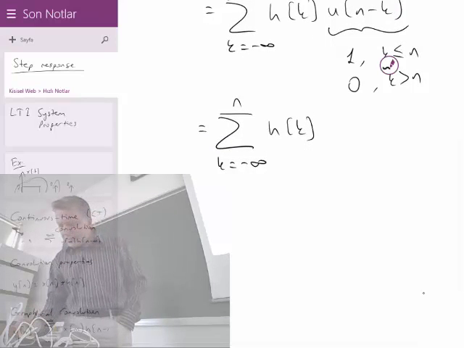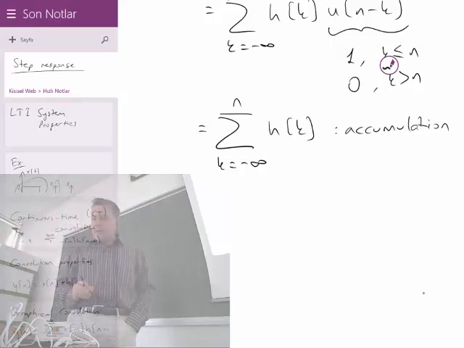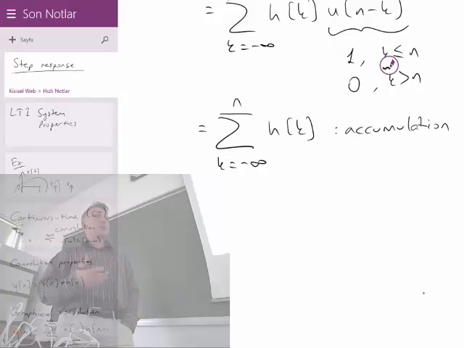So this is an accumulation of h, the impulse response, from minus infinity up to n. It's an integral or the accumulator of h. And this is the step response.